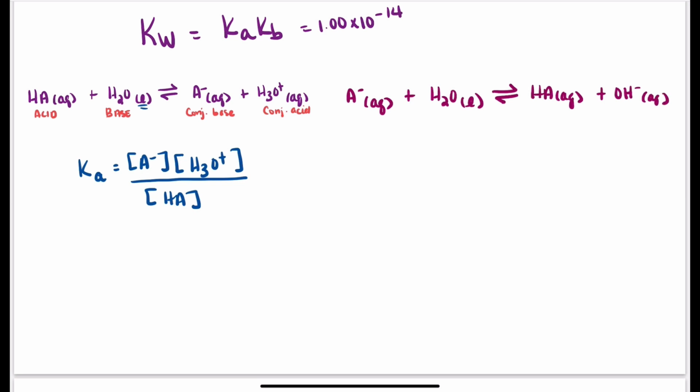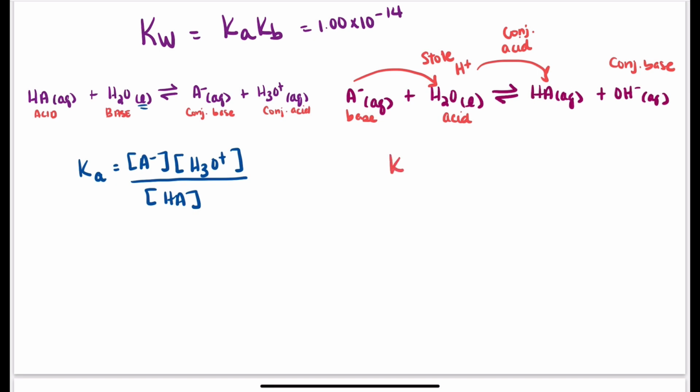So again, the A minus stole the proton, forming an acid, and conjugate base. Again, water acting as that amphiprotic species, acid or a base.